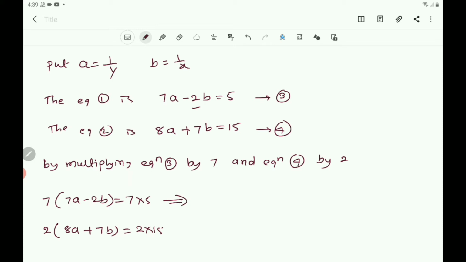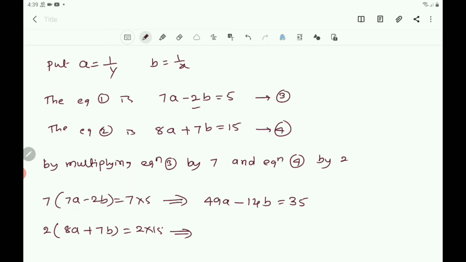Then multiplying each term, 7 into 7a you will get 49a, minus 7 into 2b, that is 14b, equals 7 fives are 35.